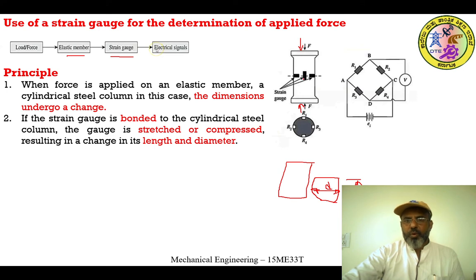And if you observe here, 2 gauges, R1 and R4, are mounted on the cylindrical column in the direction of the force, and R2 and R3 are mounted perpendicular to the application of force.